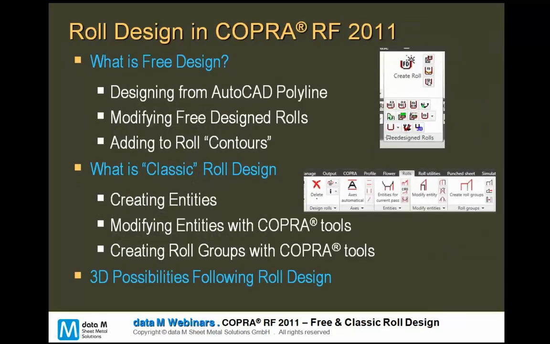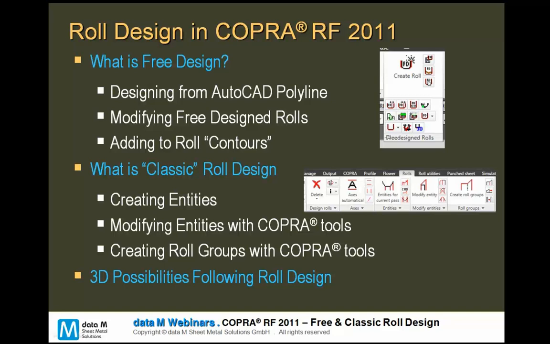Following this, we'll move on to free design, discussing what free design is, and essentially designing from AutoCAD polylines, then modifying these polylines and free design rolls with AutoCAD and Copra commands.